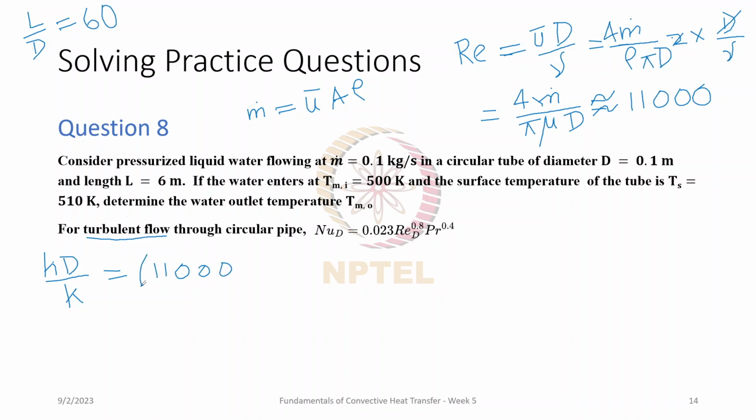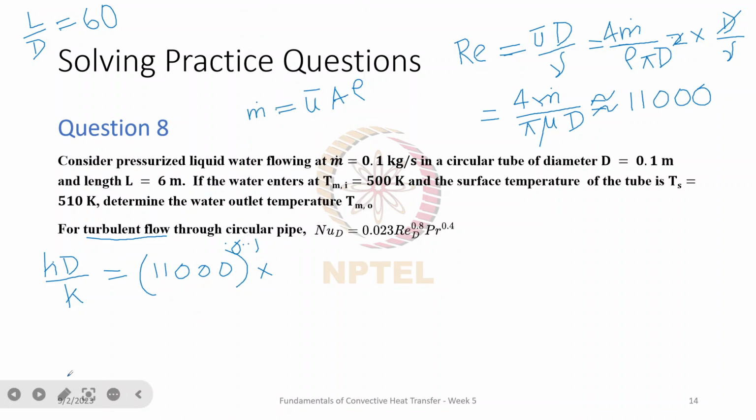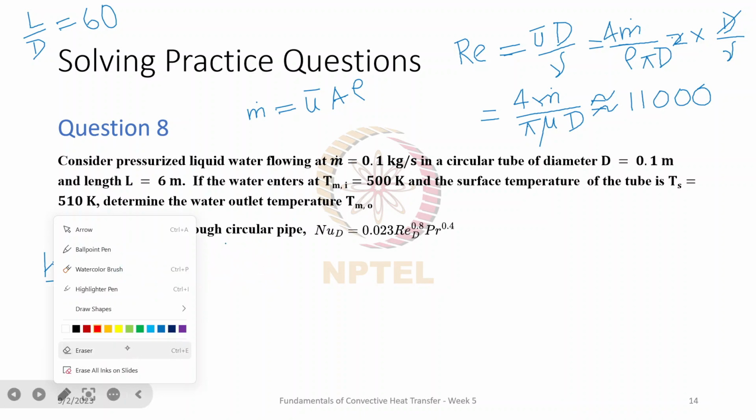I'll take 11,000 itself, and I'll request you to find out the actual one. Okay, sorry, this first thing. Let me start again.